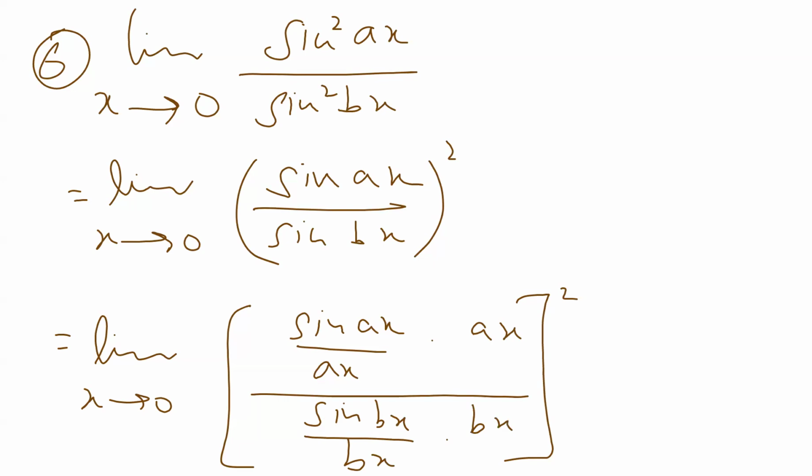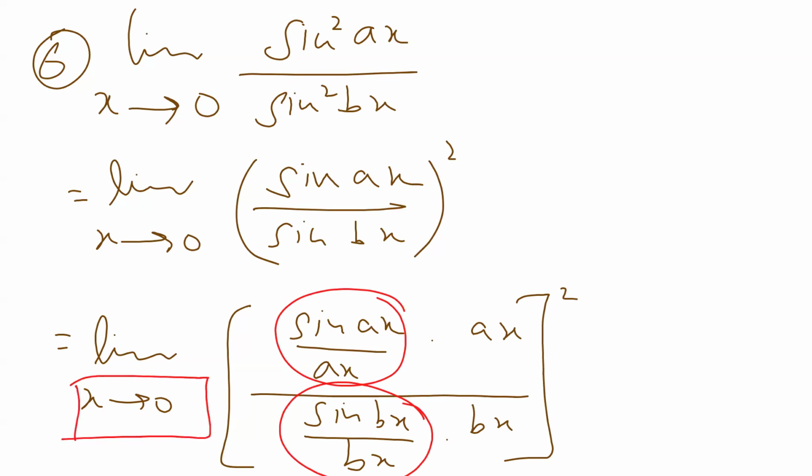Okay. Red color circles. Value is 1. Provided x should be approaching 0, both the formulae of sine and tan are applicable only when x is approaching 0. Guys, what about this x and this x?